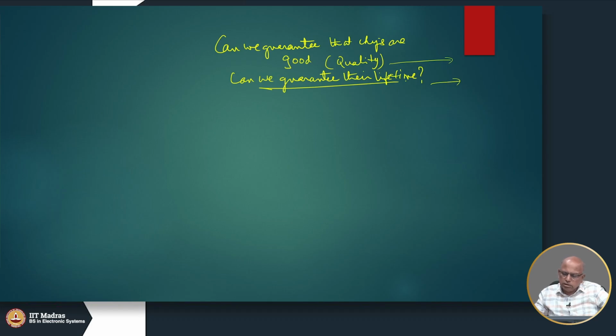For example, how did we go from stuck at faults to bridge faults? There was a time when we were not doing bridge fault testing at all. The reason they were forced to do bridge fault testing was because they started observing that short circuits are beginning to happen because we are scaling the technology.